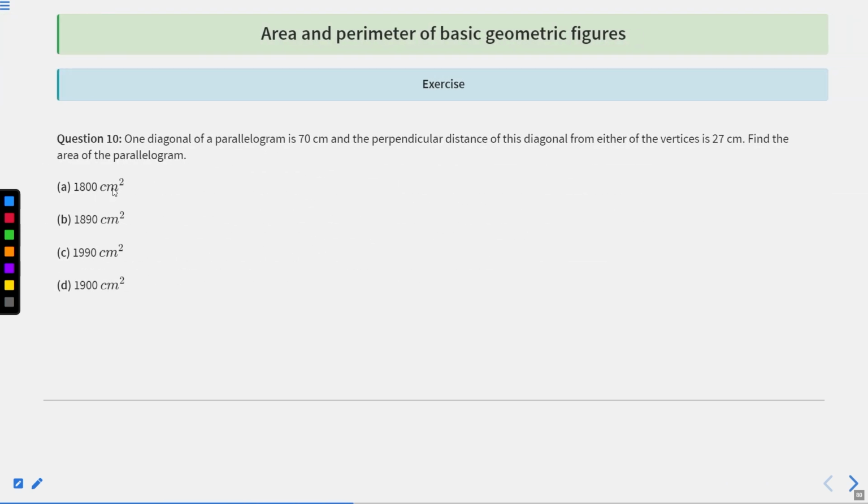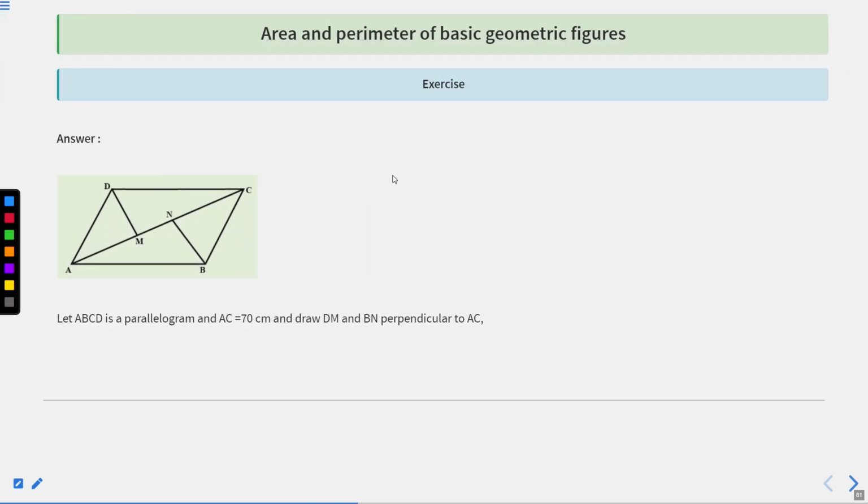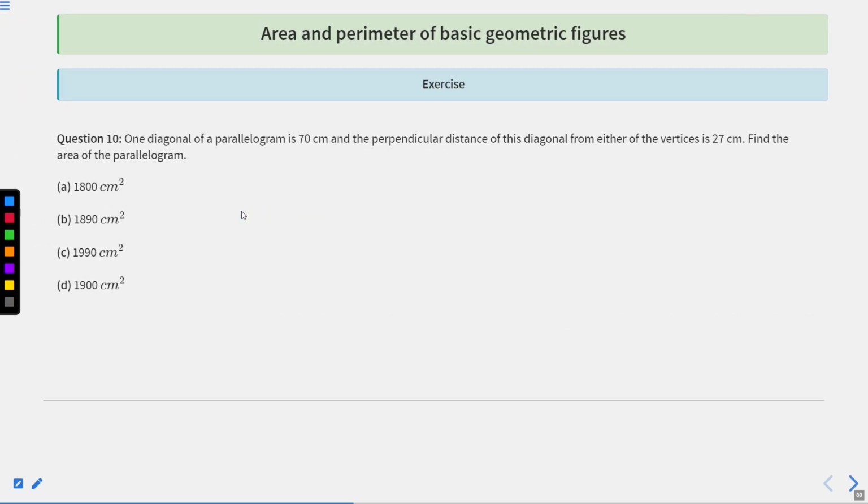Let us move ahead to question number 10. One diagonal of a parallelogram is 70 centimeter and the perpendicular distance of this diagonal from either of the vertices is 27 centimeter. Find the area of the parallelogram. So this is the parallelogram that is given to us. One diagonal, AC, is 70 centimeter.